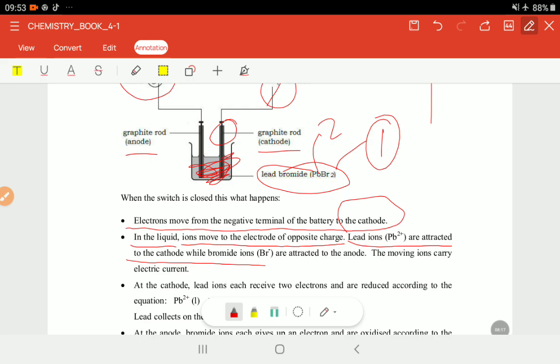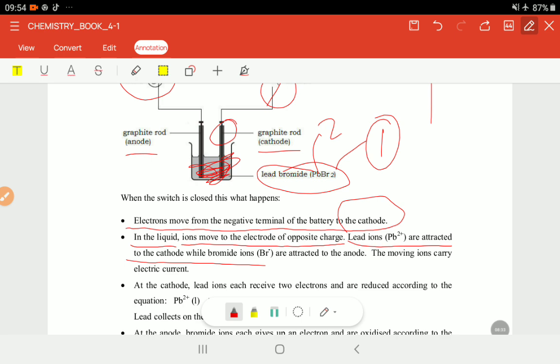And on the other hand, the bromide ions, Br, remember, they receive electrons, so to say.